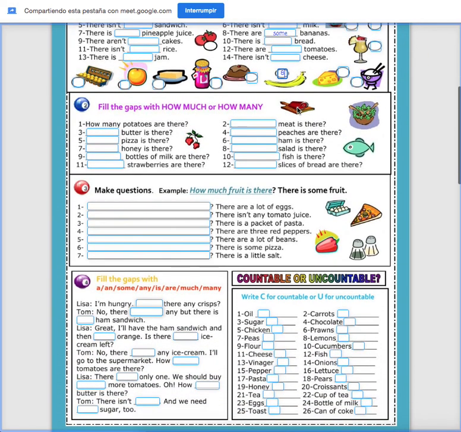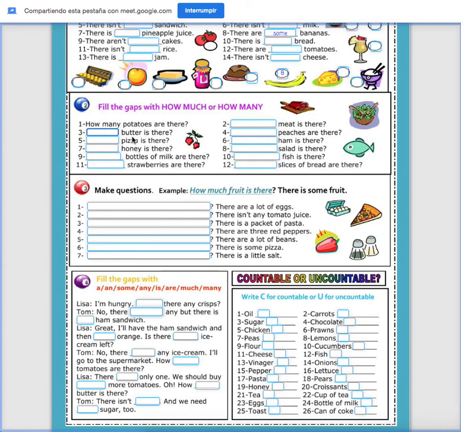Perfect. In the next one, you just have to put how much or how many. So for example, how many potatoes are there? I am going to help you with the next one. Butter. Countable or uncountable? Butter. Babies, butter. What is the meaning of butter? Mantequilla.